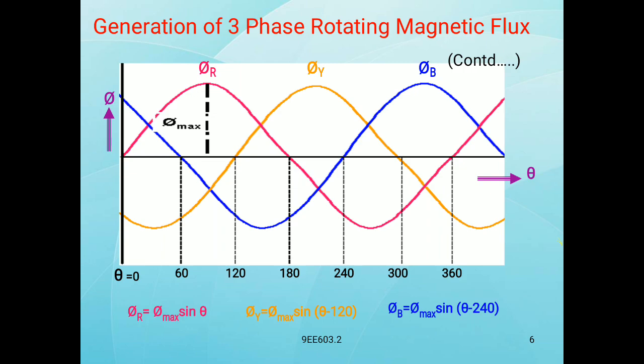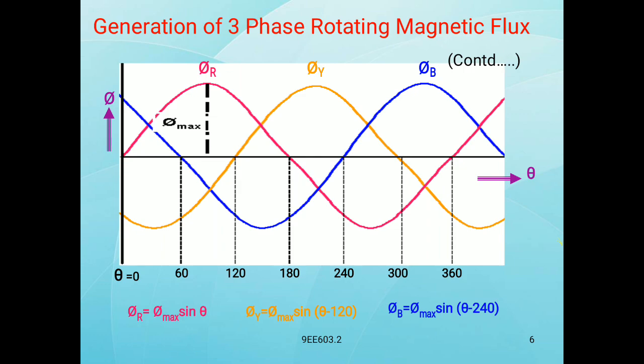Here 240 degrees. In general we have written the flux equations for the different phases. For R phase, phi R is equal to phi maximum sin theta. For Y phase, phi Y is equal to phi maximum sin of theta minus 120.